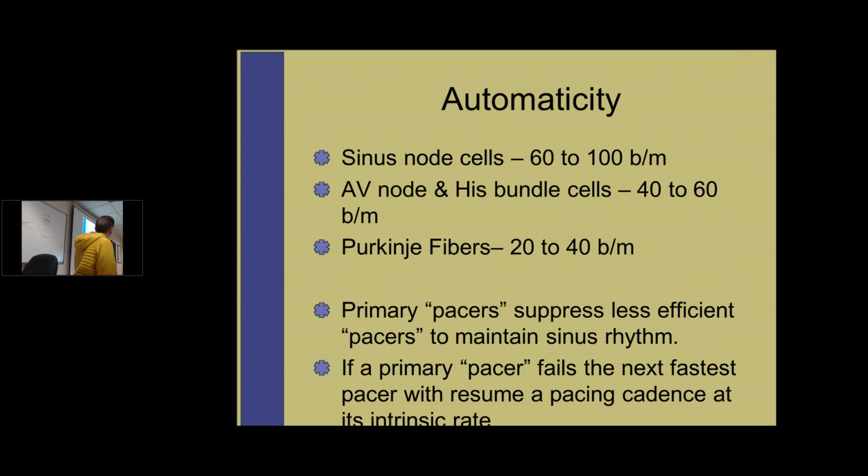Epi will cause the sinus node and the AV node to increase those heart rates and increase contractility. But if you have a complete heart block, epi is not going to help you. You can give it, but it's really not going to do a whole lot.